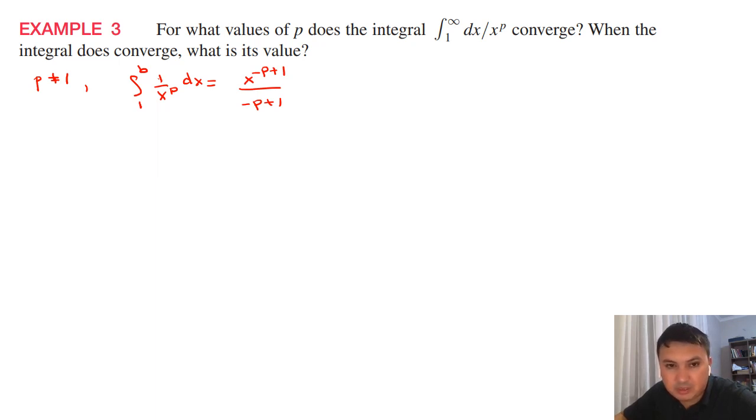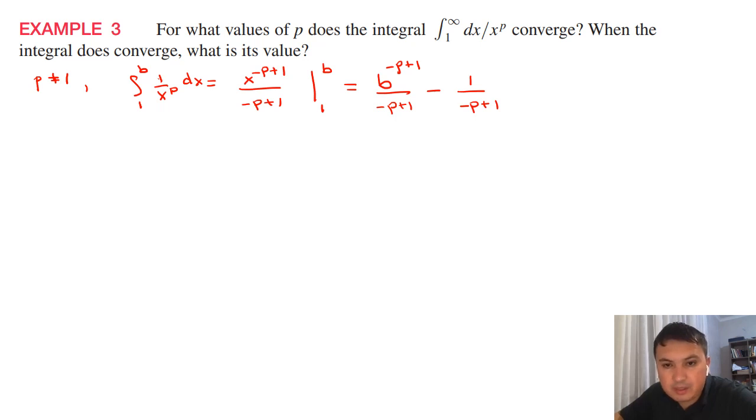I mean, it's not 0, so I'm not dividing by 0. From 1 to b. So this gives us b to the minus p plus 1 divided by minus p plus 1, minus, if you let x equal to 1, this is simply 1 over minus p plus 1.